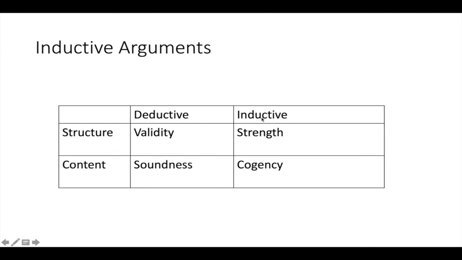And we've done the same for inductive arguments, looked at whether an inductive argument is strong based on how probable the conclusion is given the truth of the premises. And we have this final notion to consider whether the argument is cogent, that is, is it a strong argument with true premises? And if it is a strong inductive argument with true premises, then it is a cogent argument.